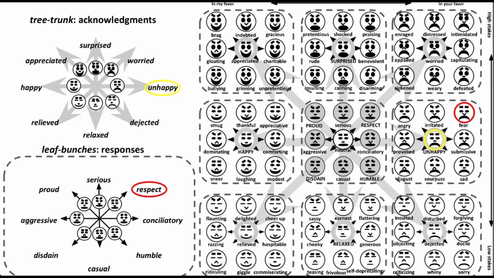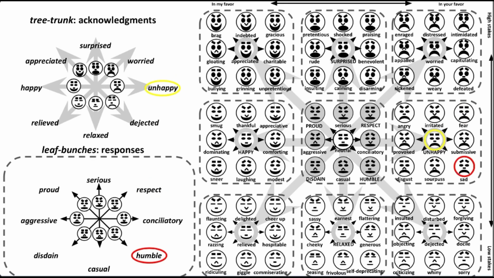If you're still showing unhappiness, but instead are signaling respect, well, then that moves up and to the right within that same region. The combination of those 2 things is fear. That is to say, fear is a combination of unhappy and respect. Continuing around the circle, if you signal unhappy, but also humility, well, then that brings you down and to the right within that same region to sad.